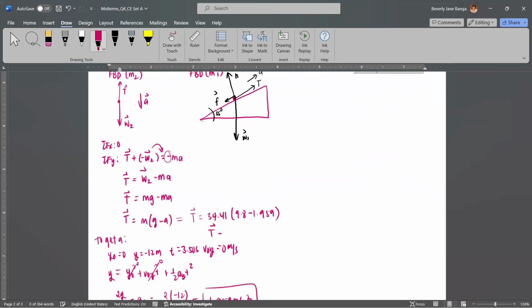So tension is simply equal to 34.41 times 9.8 plus the acceleration. So this will give us tension which is equal to 269.8 newtons, or this is simply 2.70 times 10 raised to 2 newtons directed upwards or positive y direction.